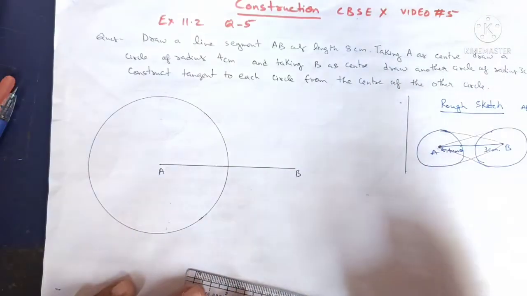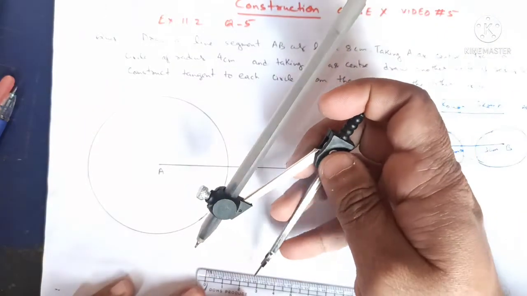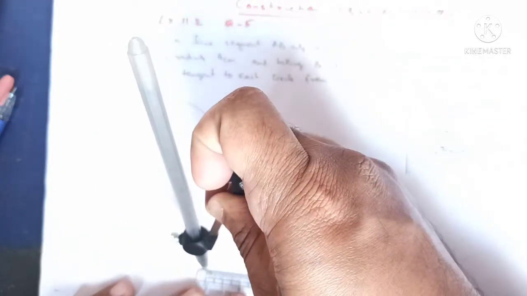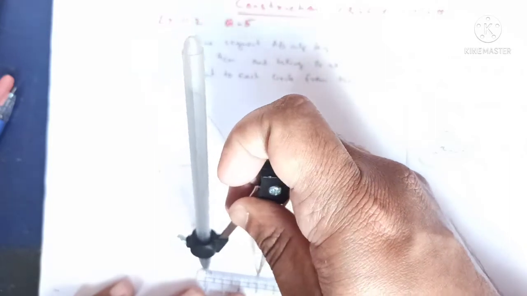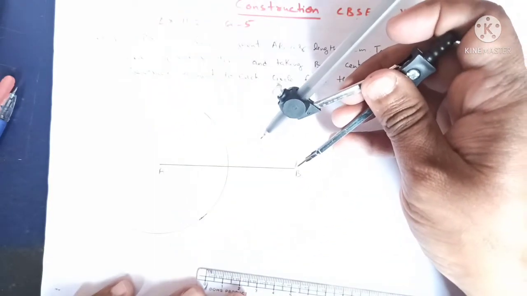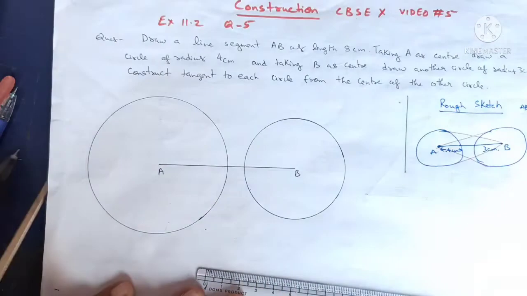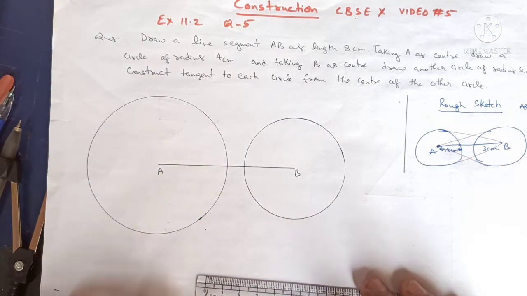Now with B as the center, radius equals to 3 centimeter, we will draw another circle. Okay, like this. So these are the two circles drawn.